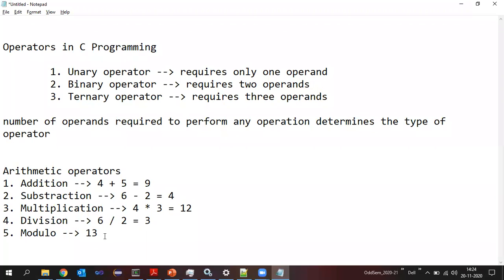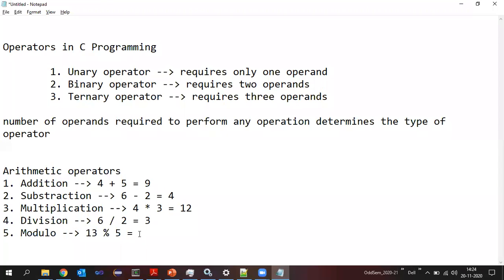In C programming, to perform the modulo operation, there is a special symbol, the percentage symbol. If I write the first number, followed by the percentage symbol, and then the next number, in this case 5, this is called one of the arithmetic operators, and the type is the modulo operator.